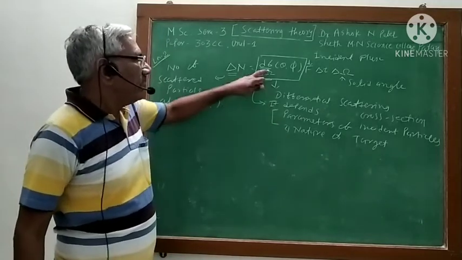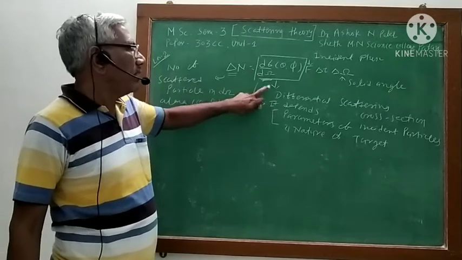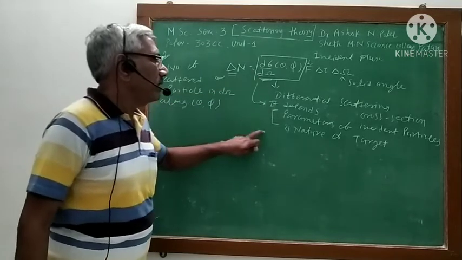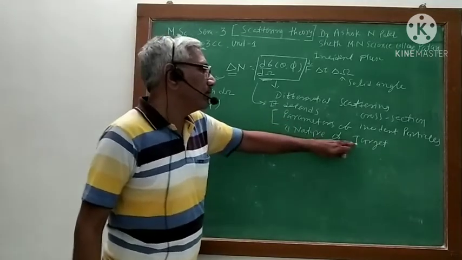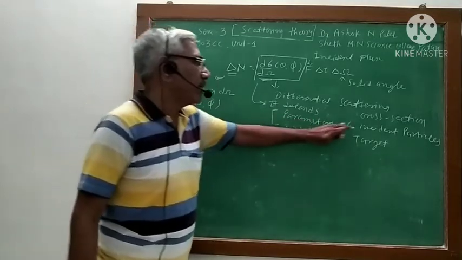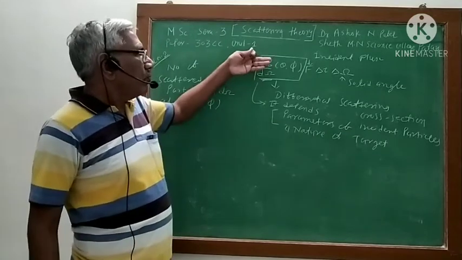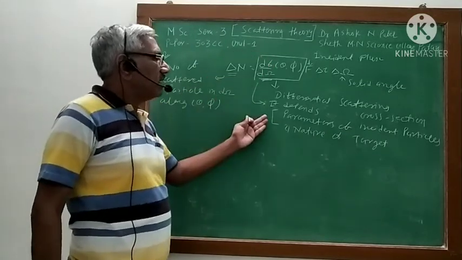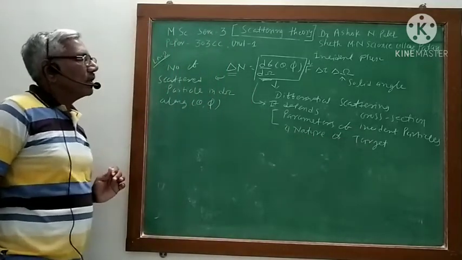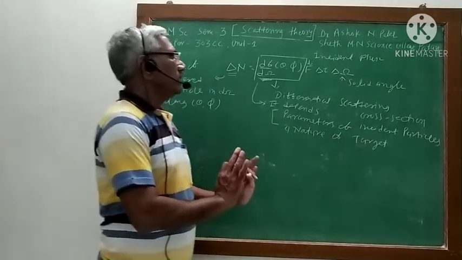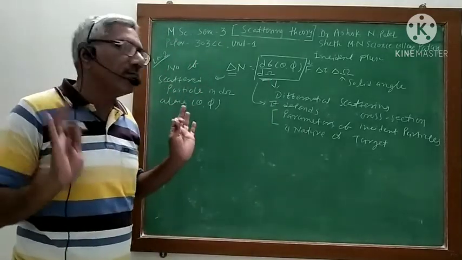So whenever you get d sigma by d omega, you are relating the nature of the target to the parameters of the incident particles. From knowing this, you can get an idea of the nature of the target particles. That's why the differential scattering cross section is very important to know.